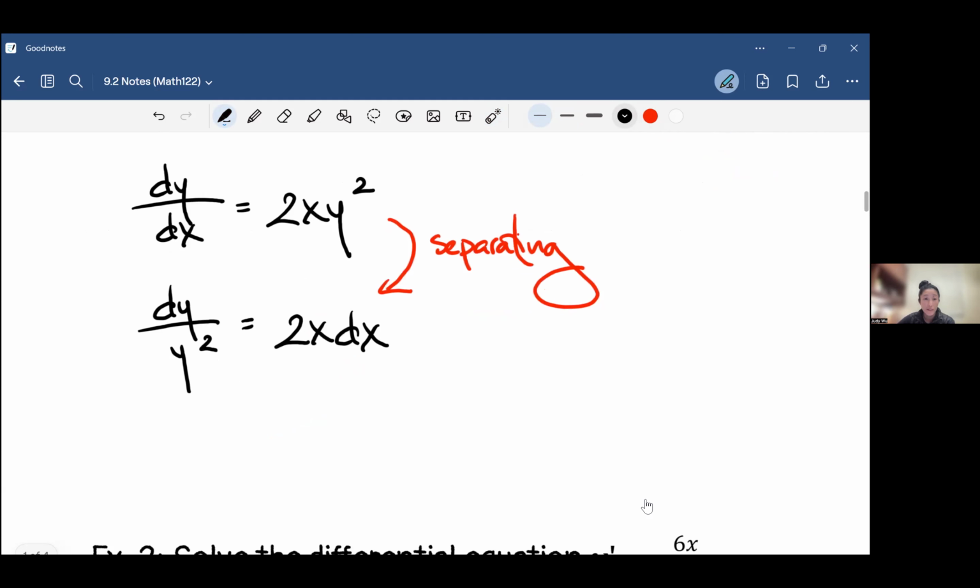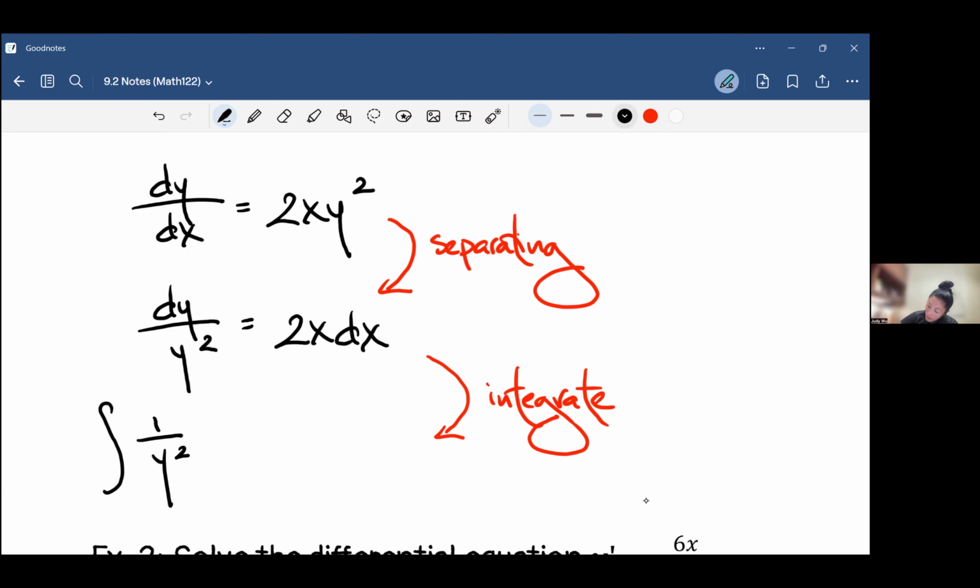Now, before I integrate, I'm actually going to rewrite this left-hand side so that it might look a little bit nicer for the brain, okay? But I'm going to set up to integrate both sides. So I'm going to write this as the integral of 1 over y squared dy, okay?